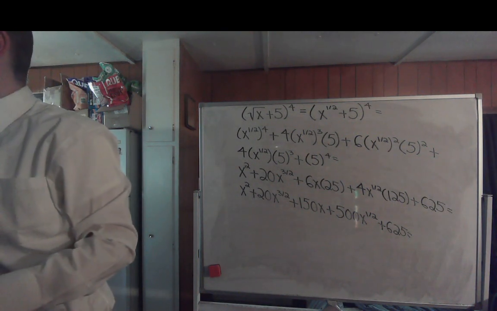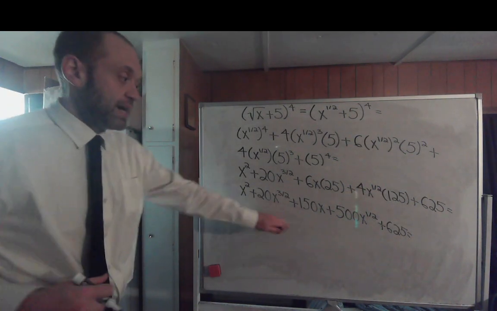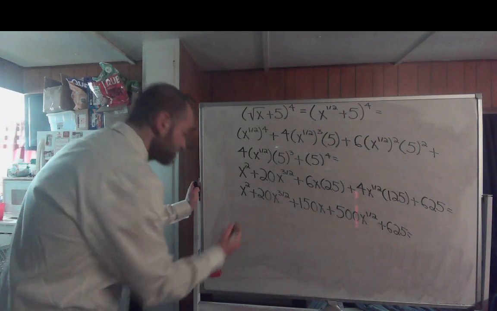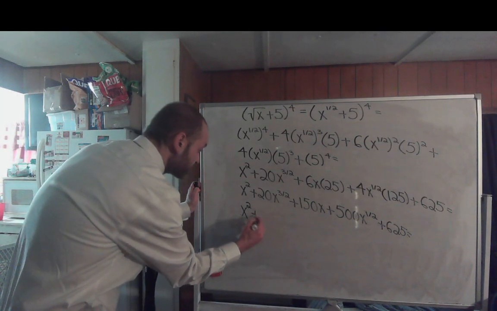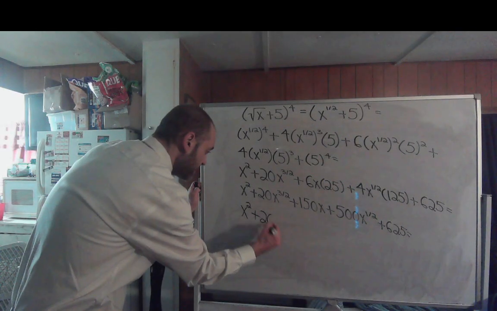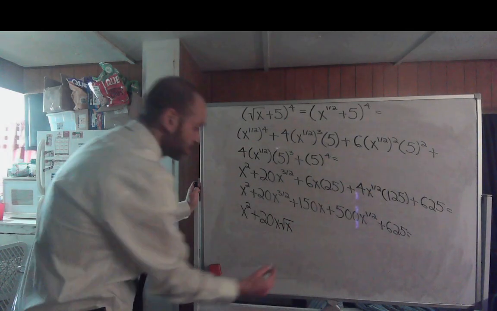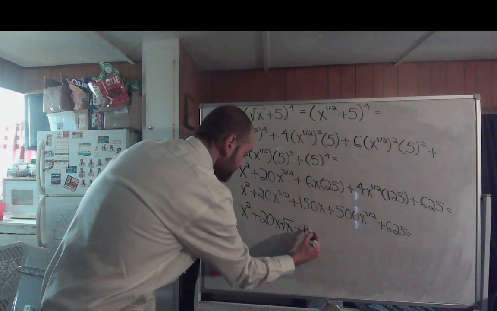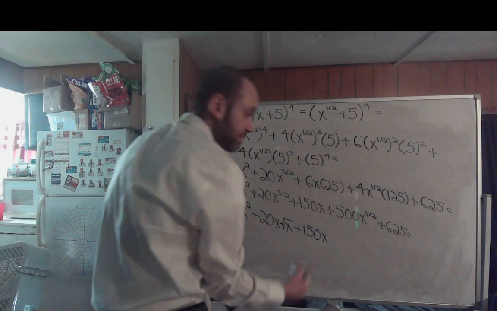What you want to do, just as one final check, let's convert these back to radical form. So x squared stays the way it is. But that 20x to the 3 halves, you could think of that the same as 20x times the square root of x, plus 150x, plus 500 times x to the 1/2.